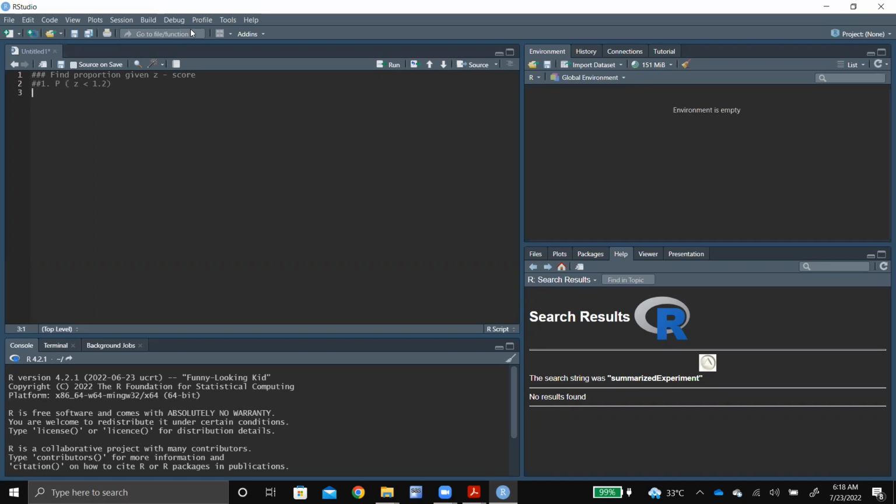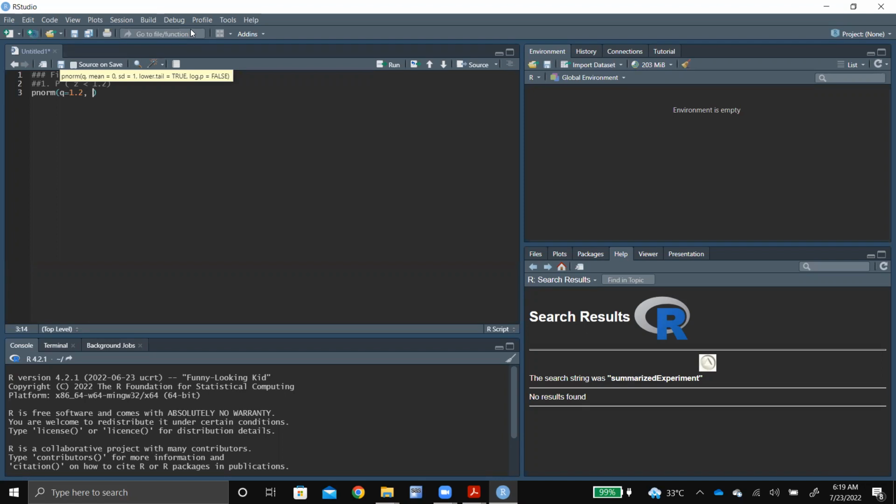How can we find this kind of probability or proportion in R? To find this, we will use the pnorm function. It asks for the q, the mean, the standard deviation, and whether the lower tail is true or false.